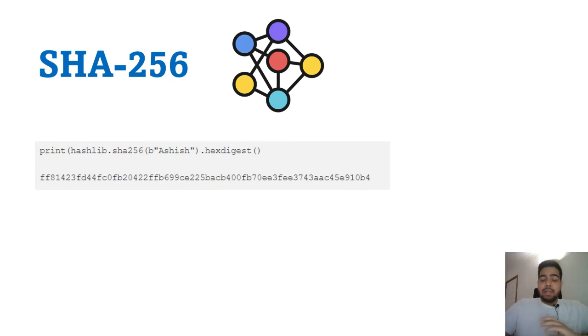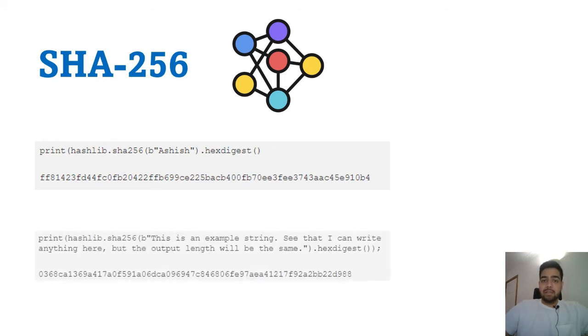Now, the name string or the letters in the name can be any number, but the output that comes out of this function in terms of this encryption text is always of the same length. You can see that I've written a very long line here, and this is an example string. I can write anything here, any number of letters, but the output length will always be the same.